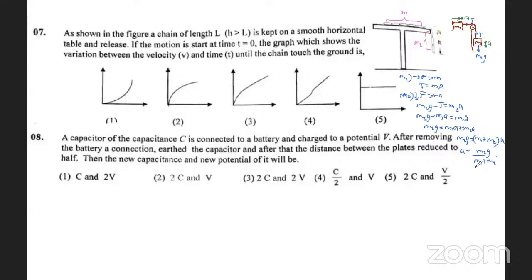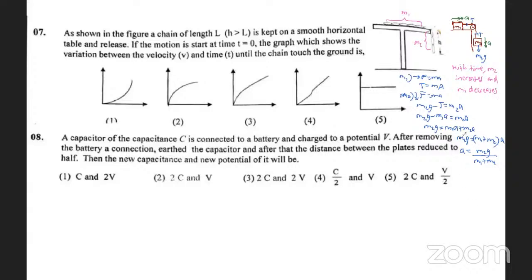We are getting an equation like this for a. Right, with time, what will happen to m2 and m1? With time m2 increases and m1 decreases.